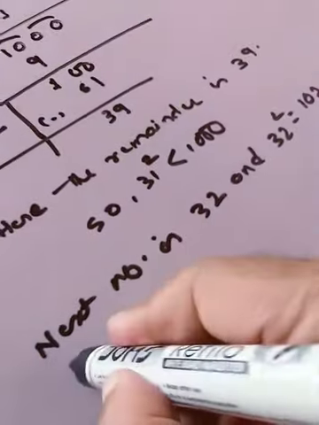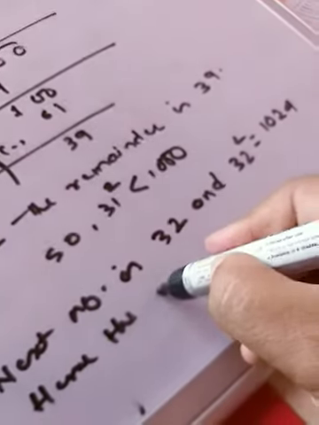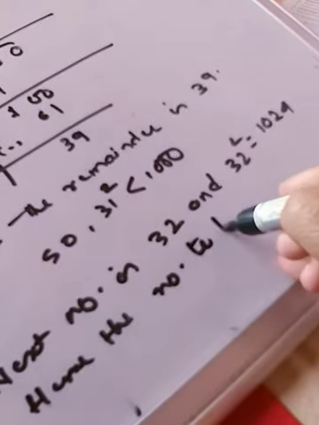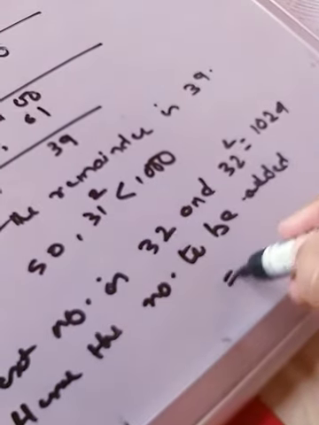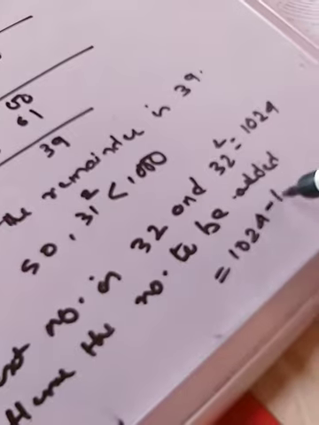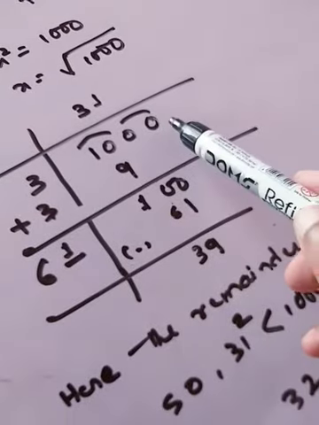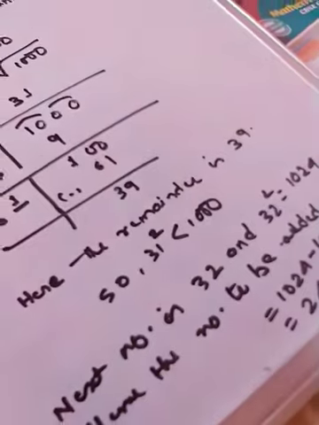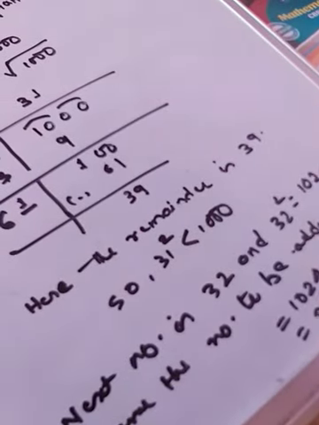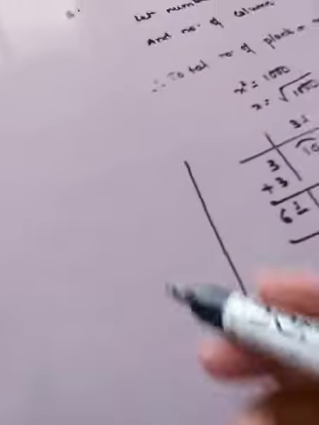Hence the number to be added equals 1024 minus 1000, that is 24. That is, if we have to make this 1000 a perfect square number, then we have to add 24. Thus the minimum number of plants required by him. So what is the minimum number of plants he would require?